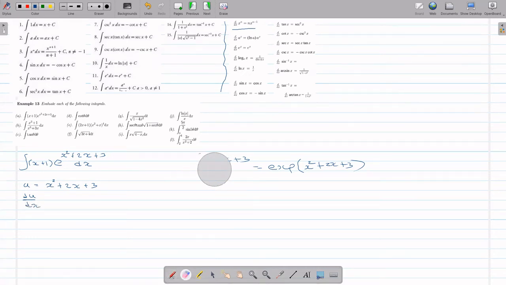Okay, I'll erase this one. So differentiation of x squared is 2x, no? Here I'm using this formula. Okay, so 2x plus derivative of 2x is again 2.